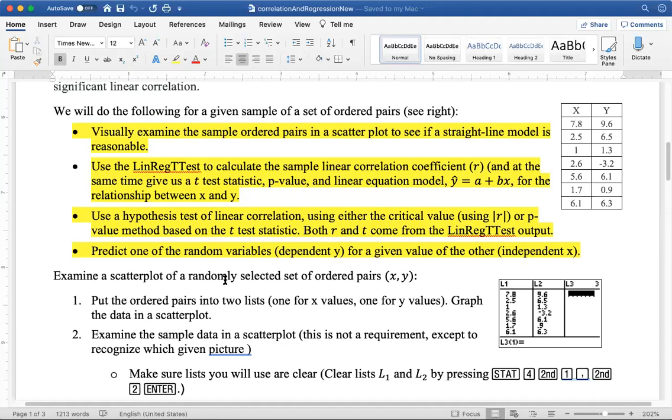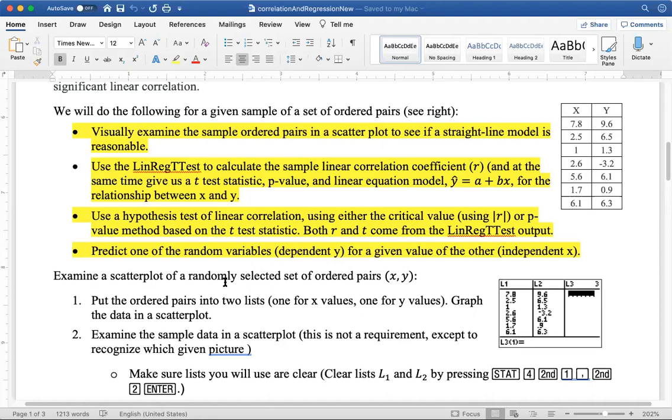And then the claim will end up being that there is significant linear correlation. If we reject H0, we're saying there is significant linear correlation. If we fail to reject H0, we're saying that there is not significant linear correlation.